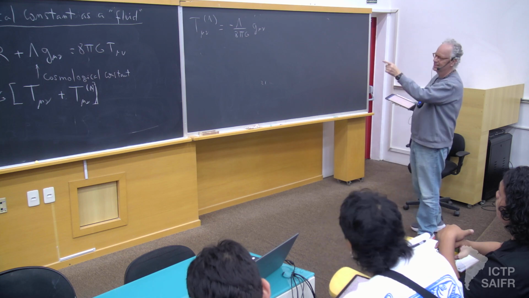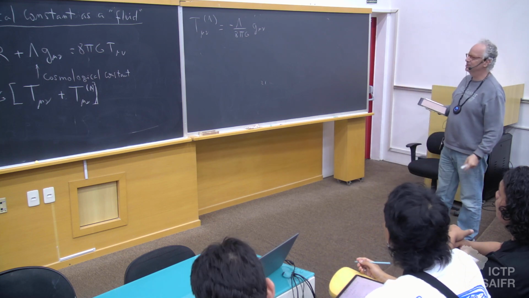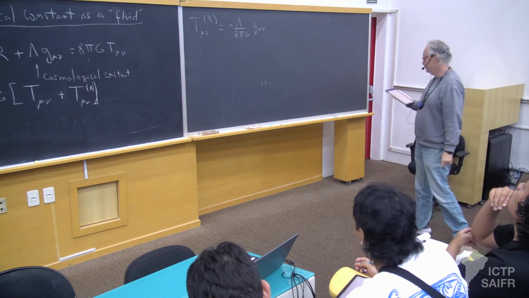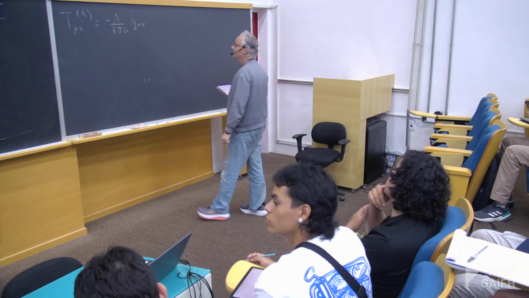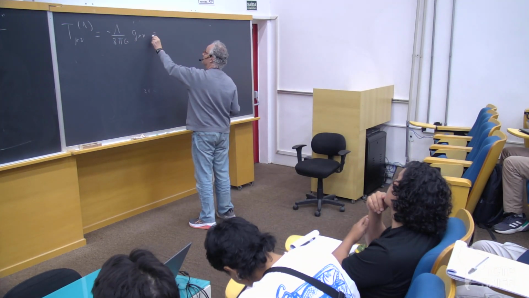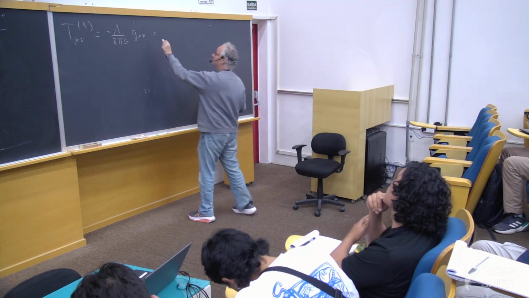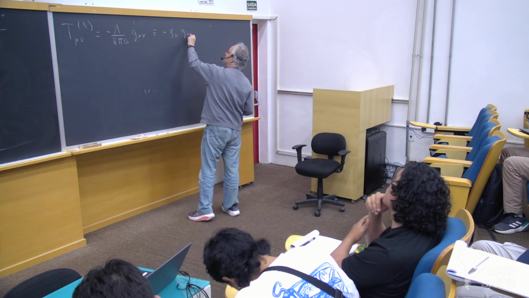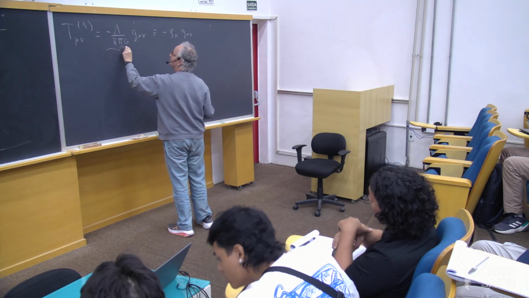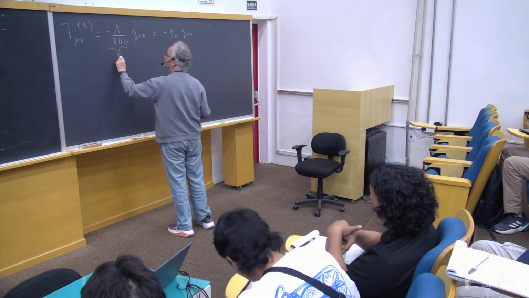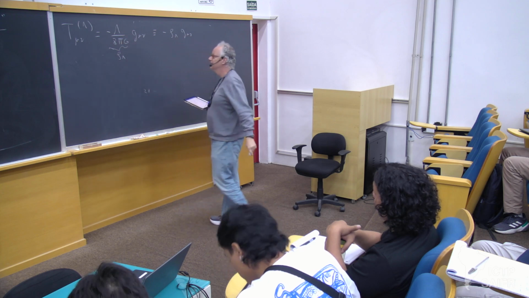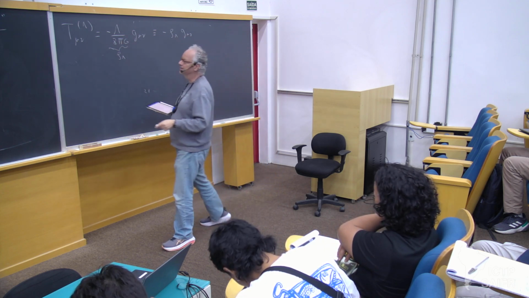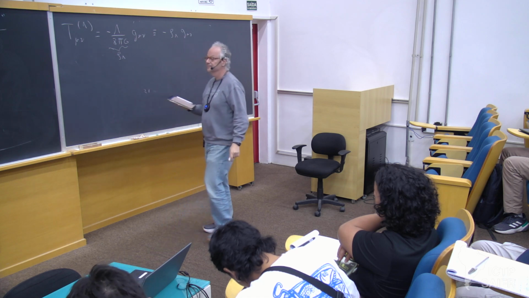I just wrote the cosmological constant term on the right-hand side and identified it as an energy momentum tensor. And I will define this as being minus rho lambda g mu nu. So I call this rho lambda. And this, in fact, will have units. I didn't talk much about units, but these units have to be the same as energy density. Okay?